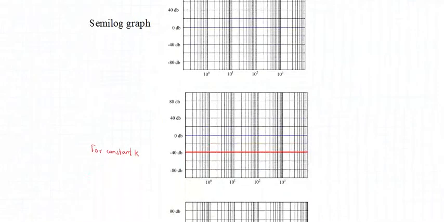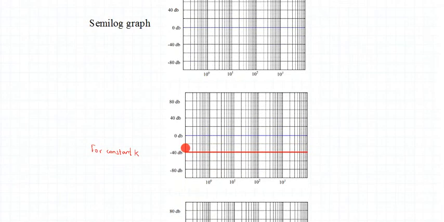What we'll plot first on this semi-log graph paper is the constant k. What is the magnitude for that constant k? As we calculated, the k value in our system is 1 by 100. So 20 log to the base 10 of 1 by 100 gives the value minus 40 dB.